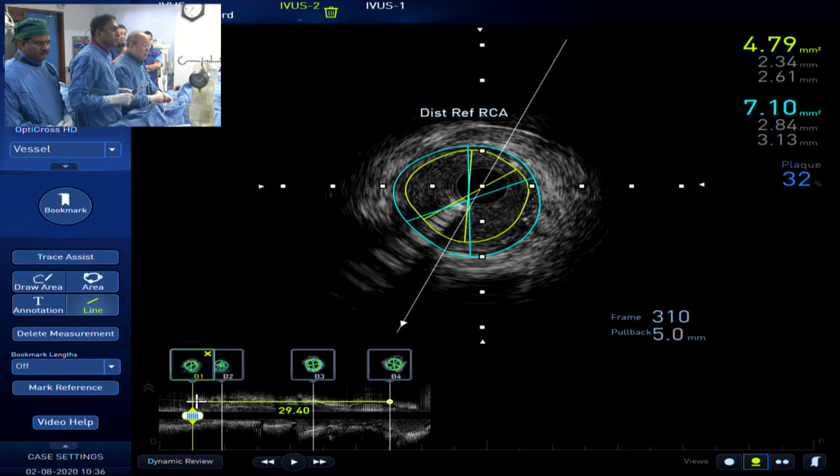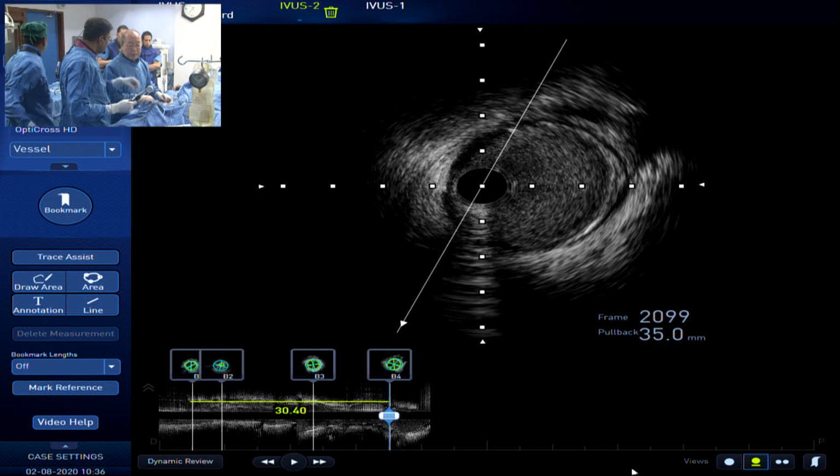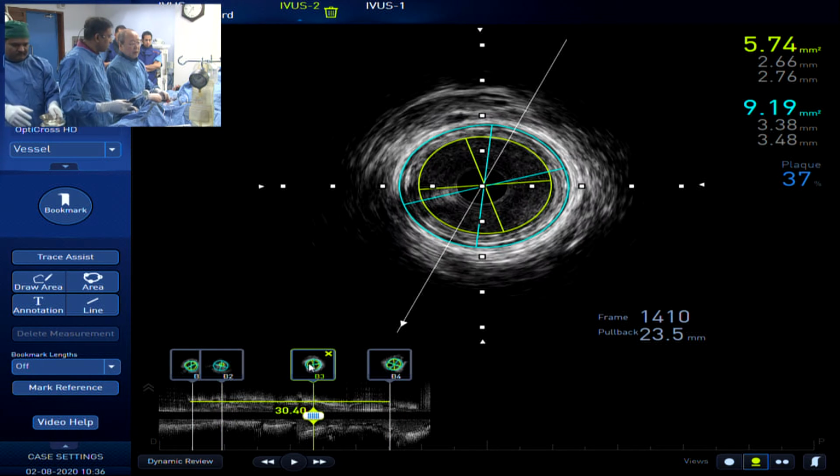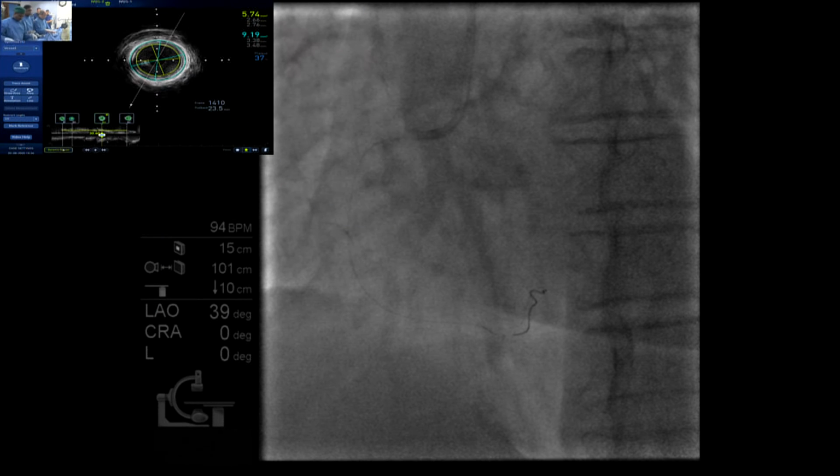So this is a long stent, and Dr. Saito is trying to get it in. Extension catheter? No, you don't have one? No. Okay, so the big balloon. Yeah, 2.5 balloon. You want to dilate more? Okay.